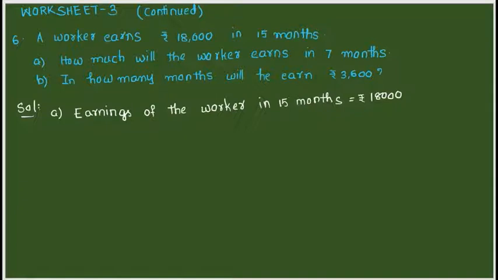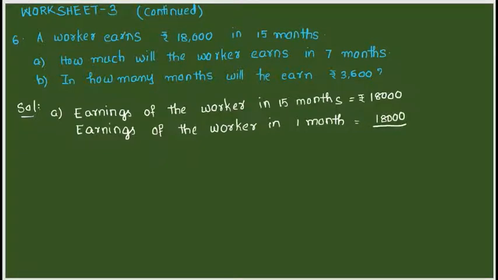According to the unitary method, first we need to find the earnings per 1 month. So earnings of the worker in 1 month equals 18,000 divided by 15. Children, if 18,000 is divisible by the denominator you can divide, otherwise you can keep it as it is.